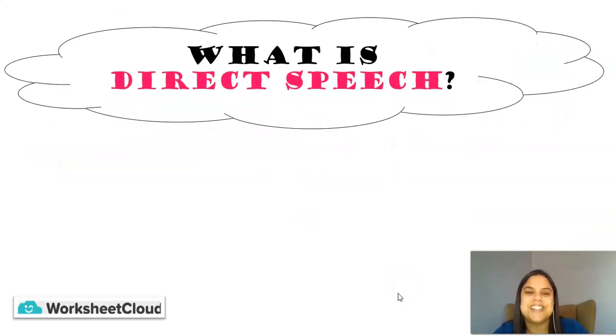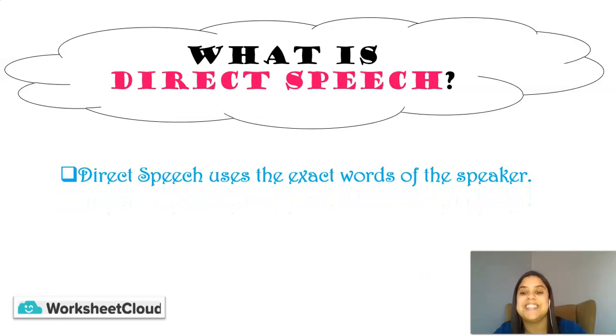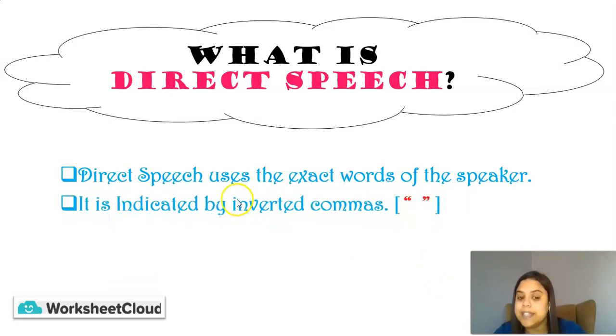So, what is direct speech? Direct speech uses the exact words of the speaker. It is indicated by inverted commas, and this is what inverted commas look like, grade 4s. So, direct speech uses the exact words of the speaker. What I'm saying and what is coming out of my mouth now, that is direct speech.